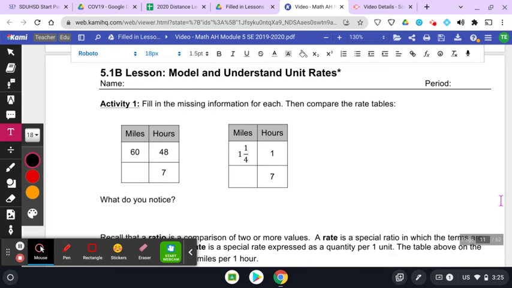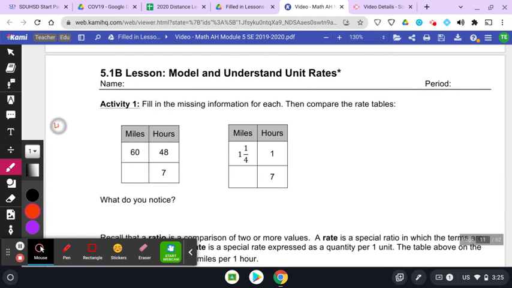So I have to figure out what got multiplied to go from 48 to 60. Okay, so here I'm thinking 48 times something gets me 60. So if I solve for that something, I get 60 divided by 48, both multiples of 6.